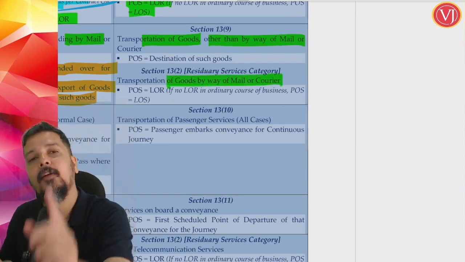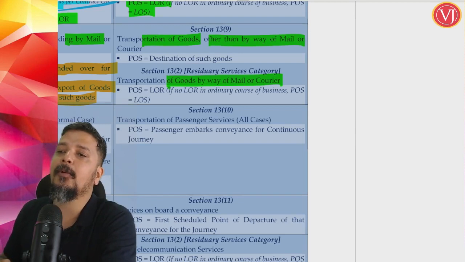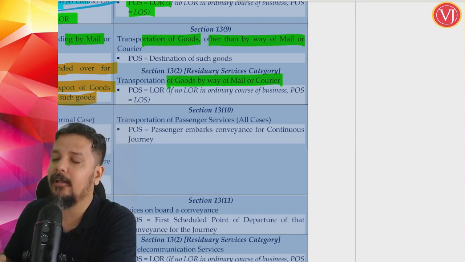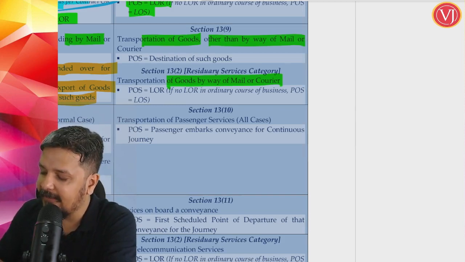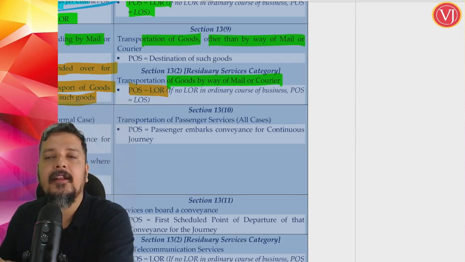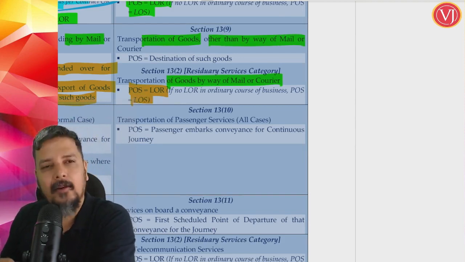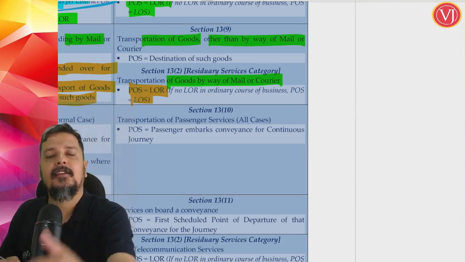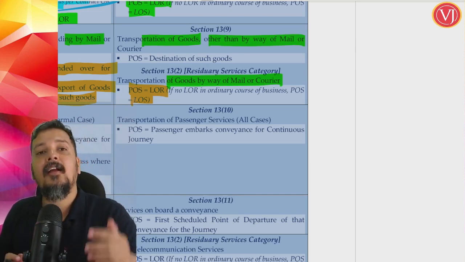Mail or courier will go in the normal category, the general residuary category. For transportation of goods by way of mail or courier, you are going to resort to section 13 subsection 2 residuary category, where the answer will be LOR. If LOR is not available in the ordinary course of business, then it is LOS, residuary category. There it is a common answer.